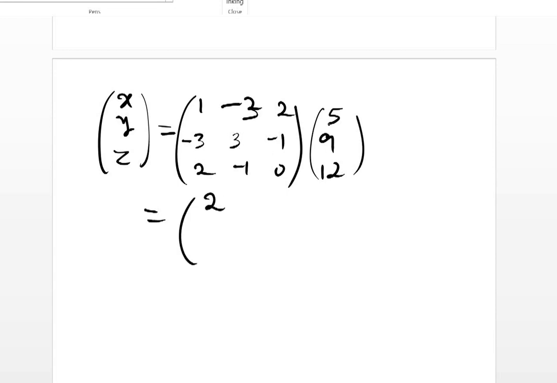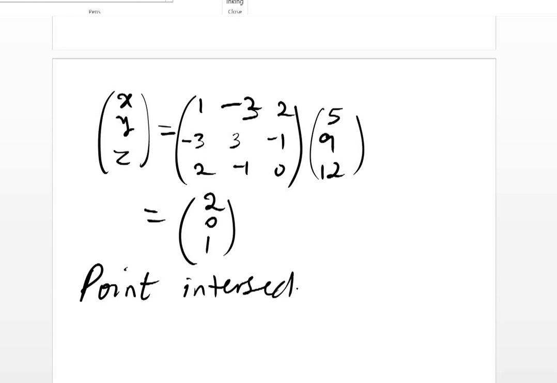And the same way, this times all of this gives 0. Then this times, 2 times 5 is 10, minus 9 is 1, plus 0, 1 here. So the point of intersection is, as a vector form, as a point, 2, 0, 1. That's our point of intersection.